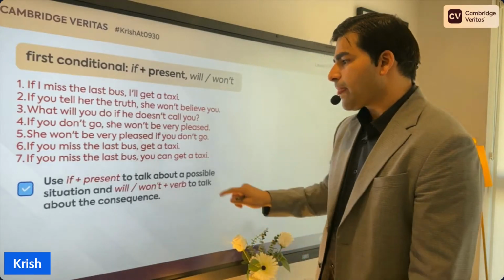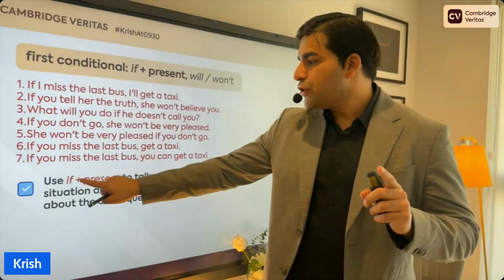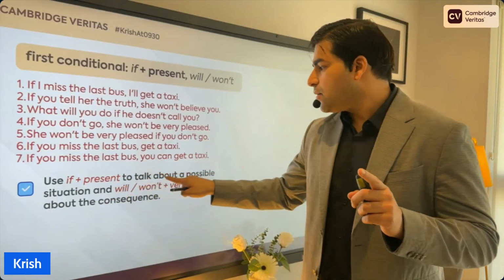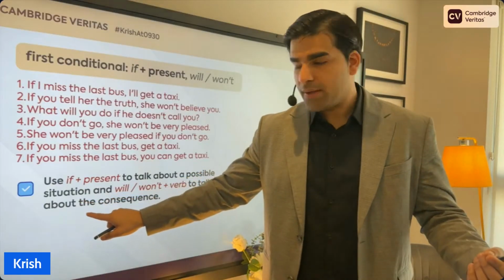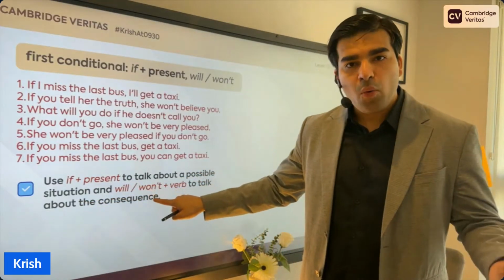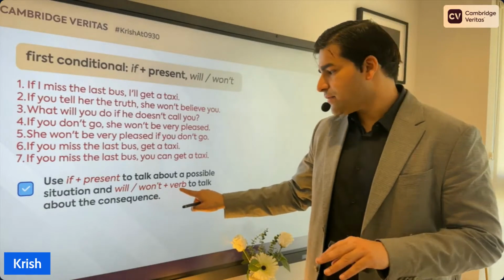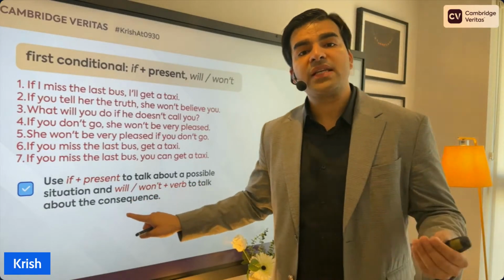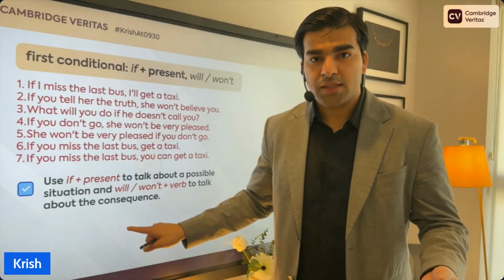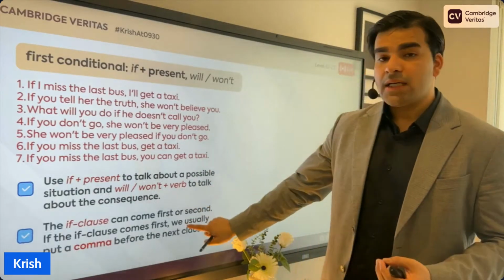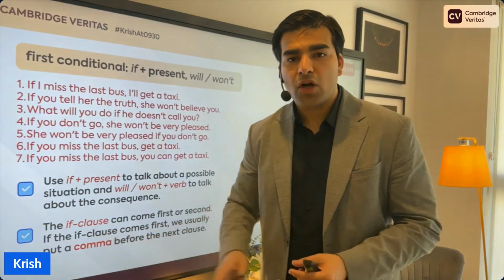Here we go. So, important thing to remember is use if plus present when you talk about a possible situation that can happen. And use will or won't plus the word in the base form, that is the present form, to talk about the consequences. What is the meaning of consequence? Simply speaking, the result. Okay? Next thing, with if clause. What is the meaning of clause?